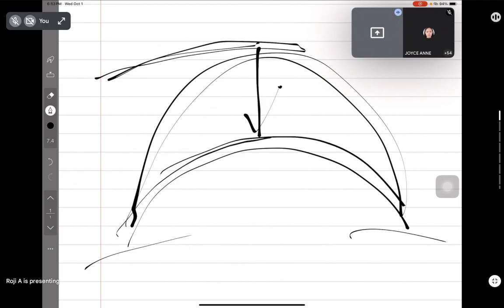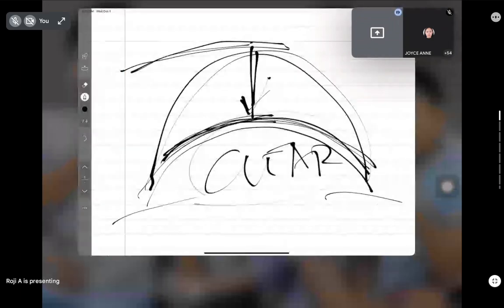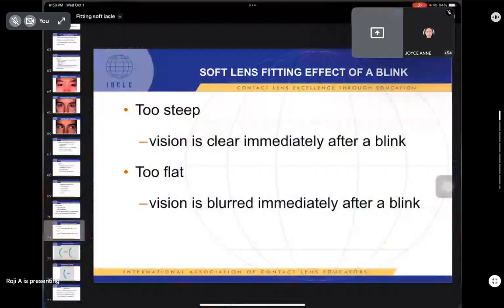It will push that towards the cornea, correct? So every single time you blink, it will push it down. So automatically you see clear every after blink. So every after blink, the vision clears out.